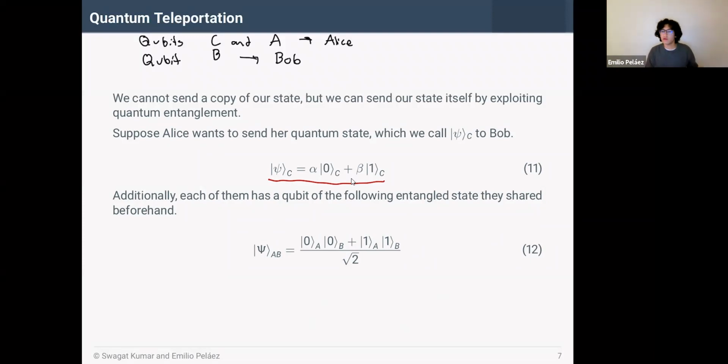Before Alice even knew which state she wanted to send to Bob, they were together, they made a Bell state and they each took one qubit. This is important because entangled pairs affect each other no matter the distance.